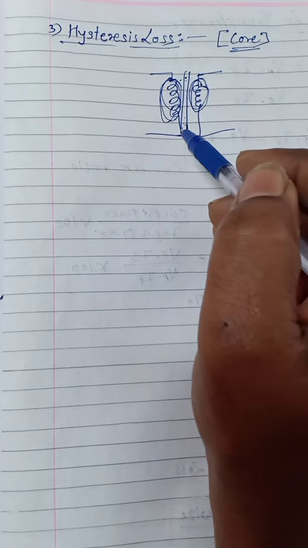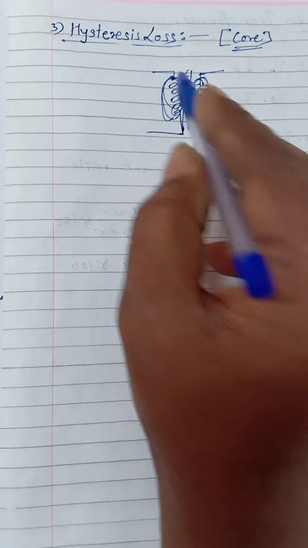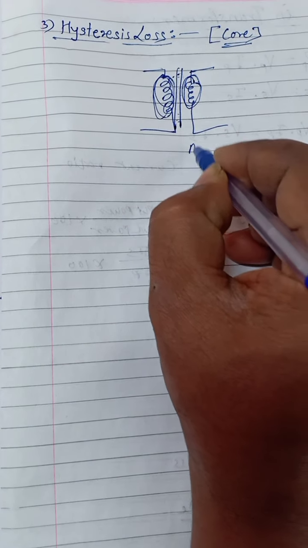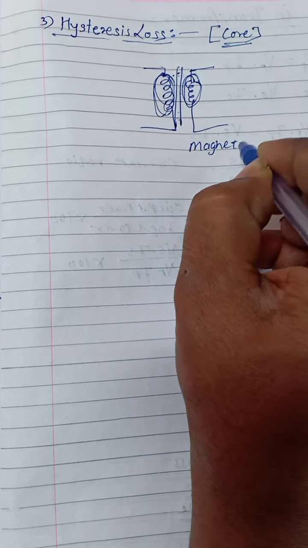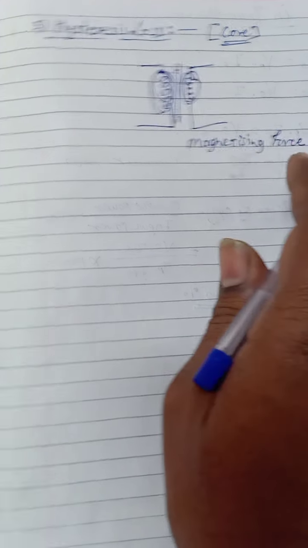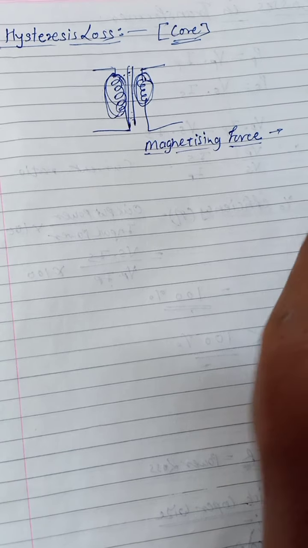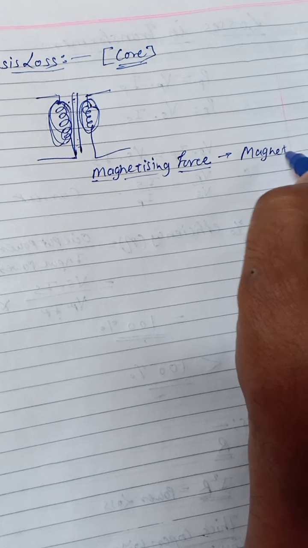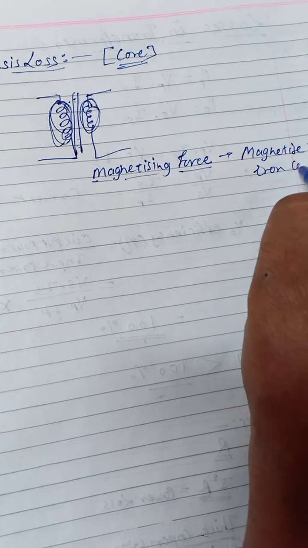This changing magnetic field we name the magnetizing force. It is the magnetizing force which magnetizes the iron core.